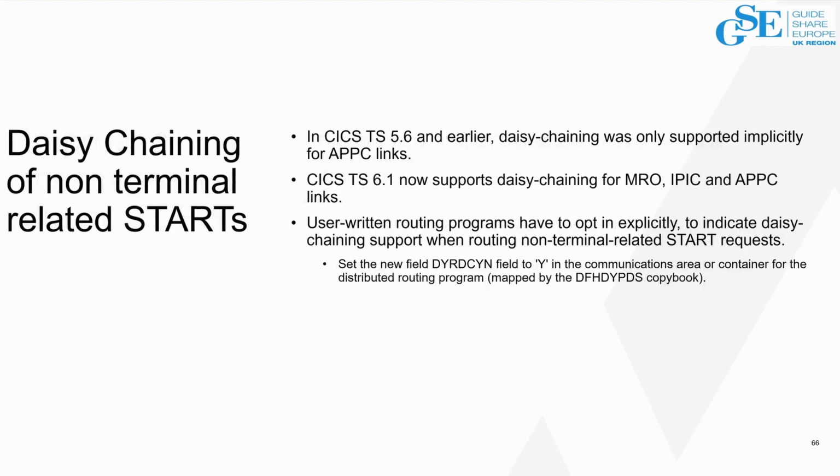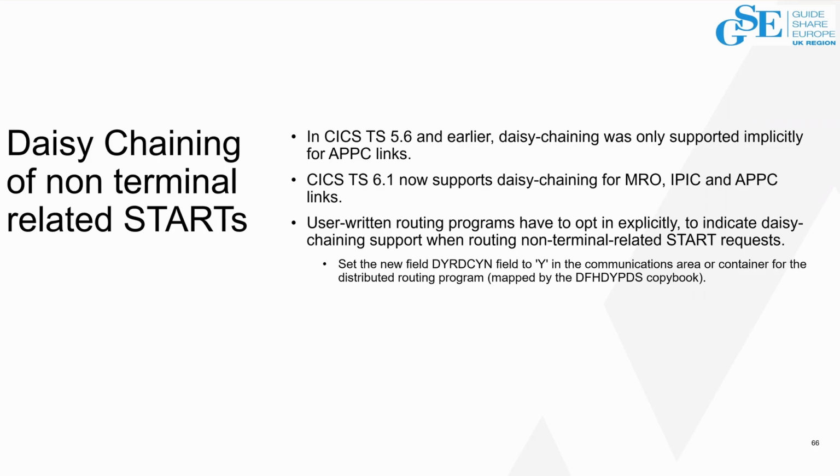Daisy chaining of non-terminal starts. This is a customer who noticed there was an inconsistency in our daisy chaining of non-terminal starts. They had a capability where they could daisy chain when they were using APPC, but it didn't work for MRO or IPIC links. So we've corrected that. It was kind of working a bit by luck for APPC, but they got away with it.